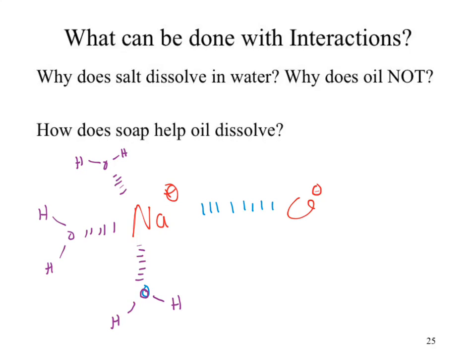Even though the water interactions are individually weaker, in sum total they are stronger. This is why our ionic compounds are almost always water soluble. So if you see an ion show up in a compound, water soluble. Are there exceptions? Absolutely. Biochemistry is full of exceptions to this. What we're looking at is general trends.